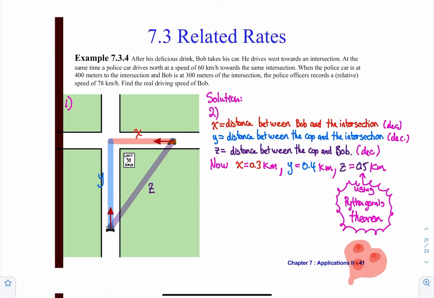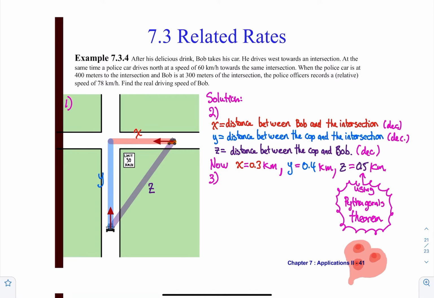Now let's look at the rates. And of course here the rates are how x, y, and z are changing, which will correspond to speed here. So what are the given rates? My speed is unknown, but the speed of the cop is known, and also the speed relative to me and the cop.